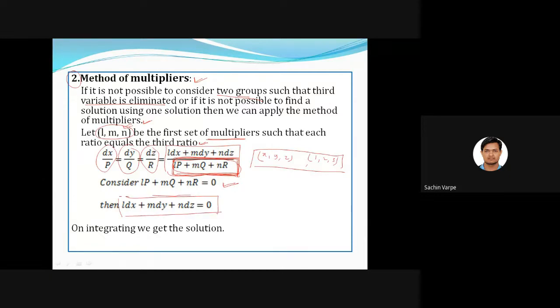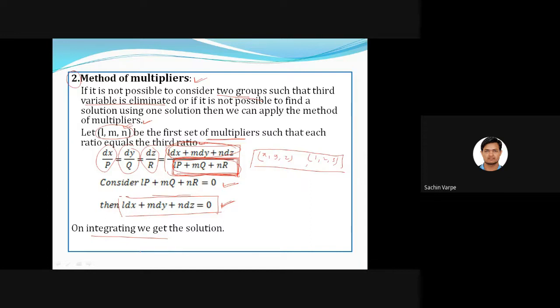Why will the numerator be 0? Because otherwise the solution will be infinite if the denominator is 0, isn't it? To get some finite solution, we must get the numerator to be 0, such that 0 upon 0 will be indeterminate, and using L'Hopital's rule we can proceed further. So we consider the numerator to be 0, that is l dx plus m dy plus n dz, and its integration gives the solution. That's it.